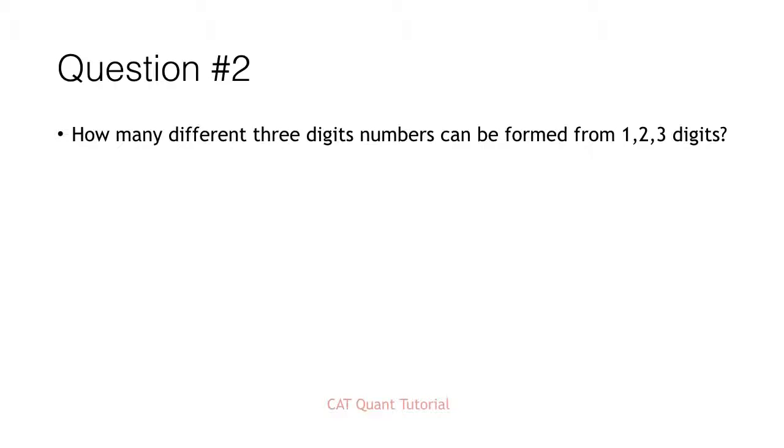To understand the question, I need to create 3-digit numbers, which go from 100 till 999, correct? I need to create those 3-digit numbers using the digits 1, 2, and 3. In how many ways can I do that?